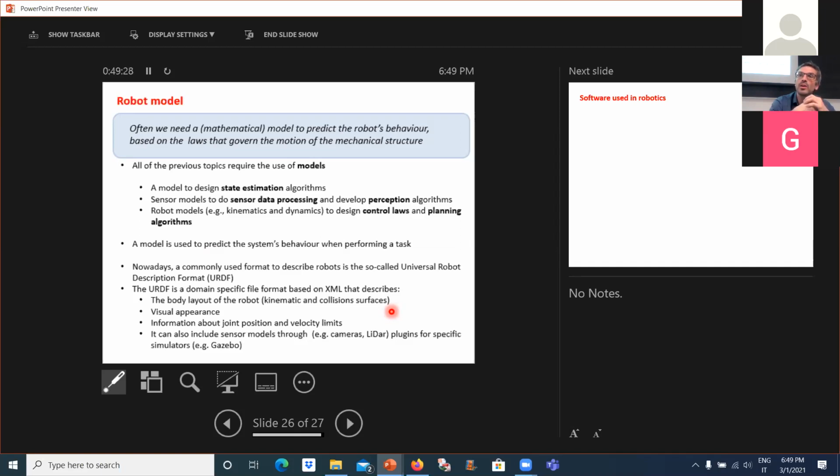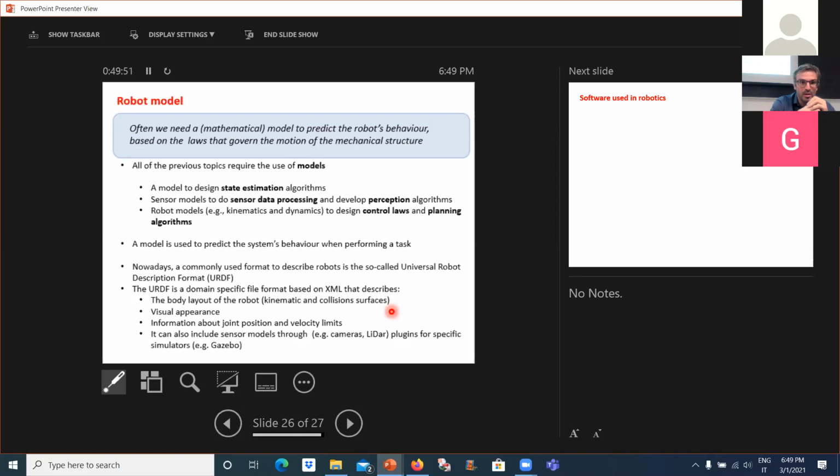With some libraries, you can define that there is a collision if the boundary of the link, represented by the CAD, touches the environment, the floor, and you can generate contact forces. So it's very useful.